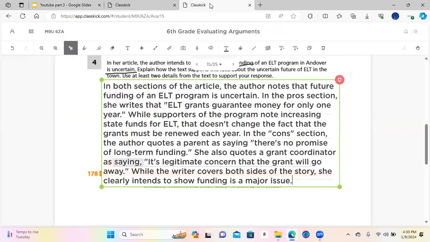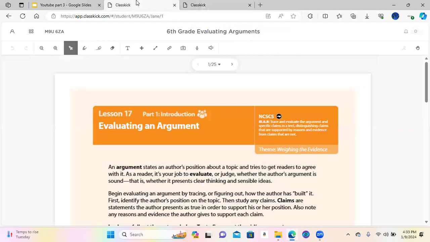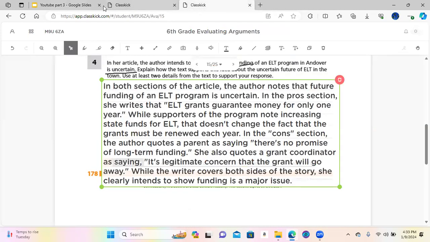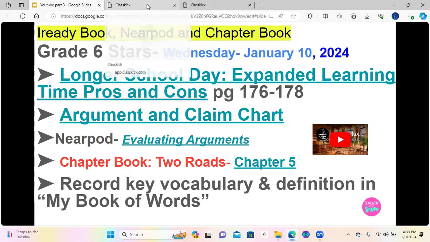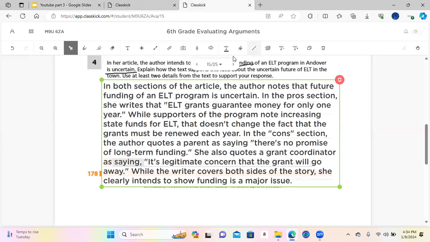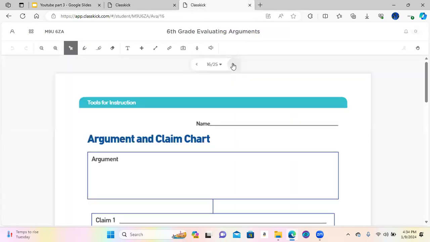And during this activity, you are going to be telling me if you agree or disagree with longer school days, and you're going to provide 3 supporting evidences. So you're going to use this chart.